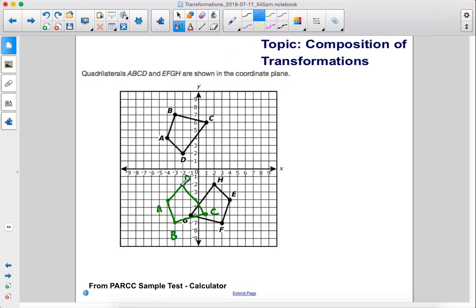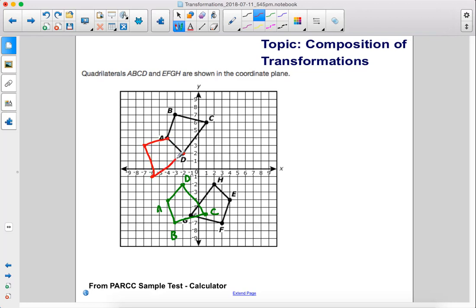So D will move back there, A will move back there, B is at (-3, -7), so it'll be (-7, 3) over here, and then C is at (1, -6), so we'll be at (-6, -1). So here we've rotated it.